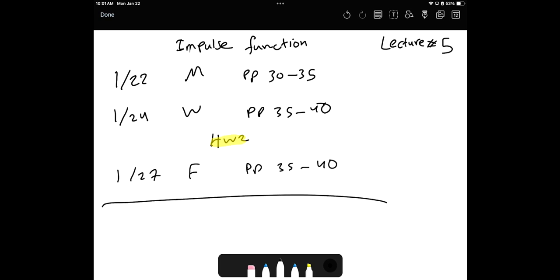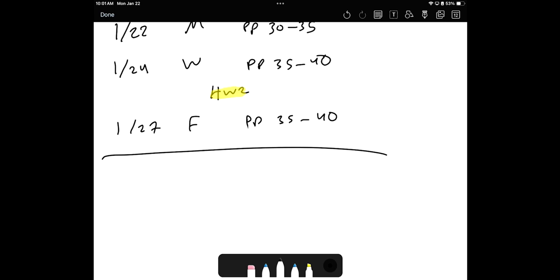Next week on Monday will be the first MATLAB project, which is on the 29th. Readings are also page 35 to 40.